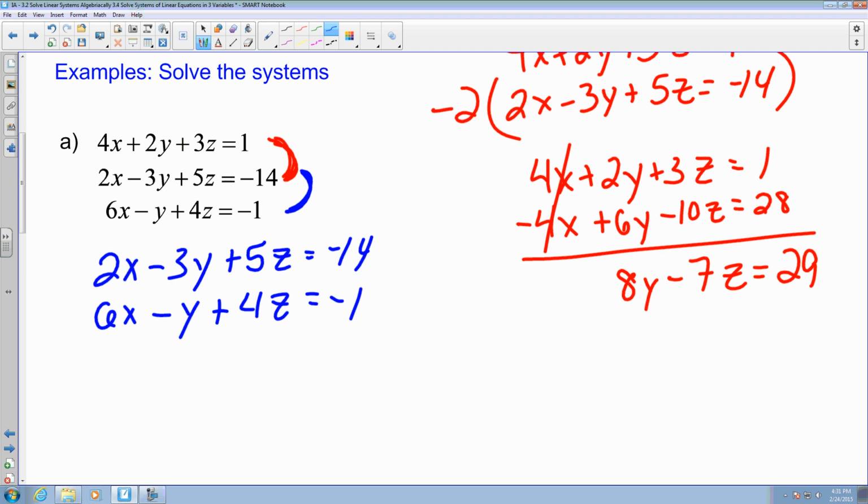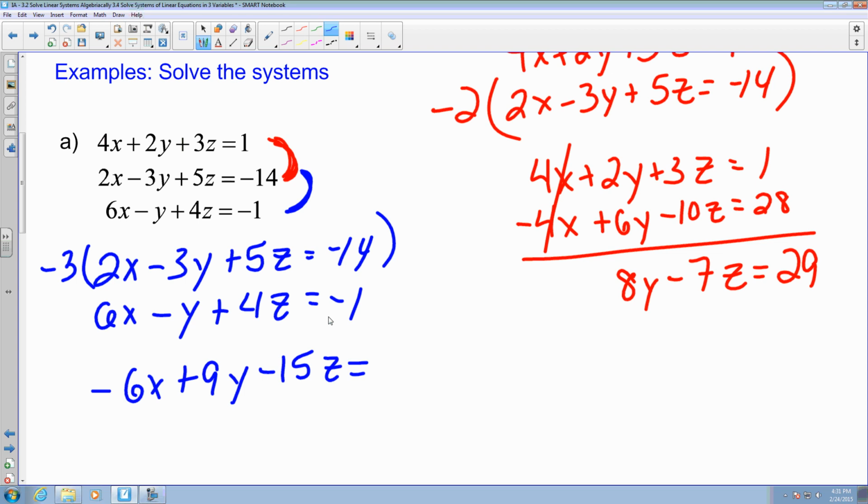Now, I eliminated an x from the first two equations, so I'm going to eliminate that same variable. In order to do that, I'm going to multiply this top equation here by negative 3. So then it gives me negative 6x plus 9y minus 15z equals, what would that give me?